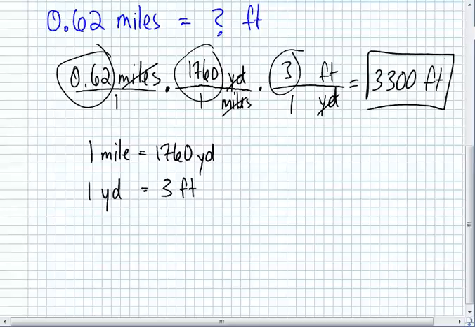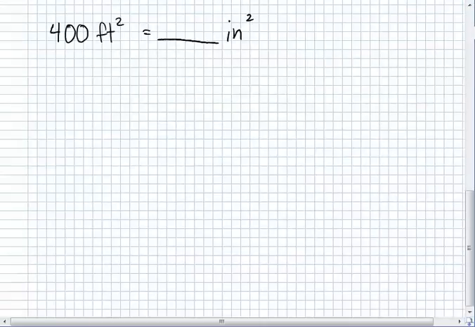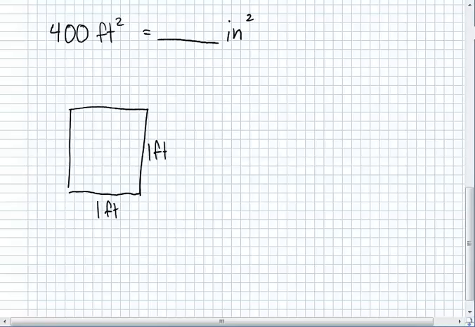One problem that you may come across occasionally is converting between square units. Say the area of a room is 400 square feet, which we're quite familiar with, and you want to convert that to square inches. It is not as simple as it looks. For example, if I drew a square that was 1 foot by 1 foot, then the area of that square would be 1 square foot, because 1 times 1 is 1.